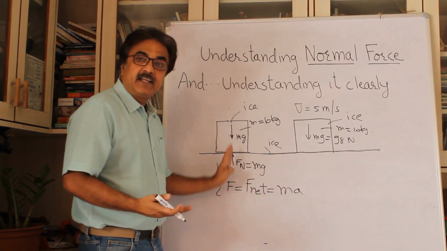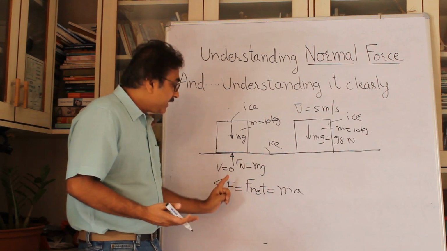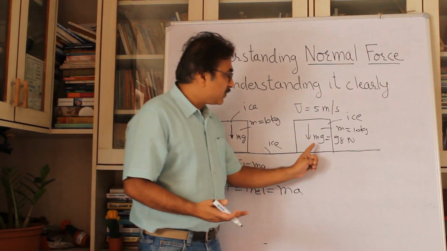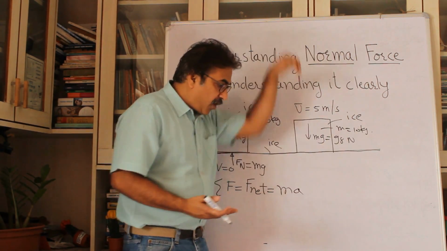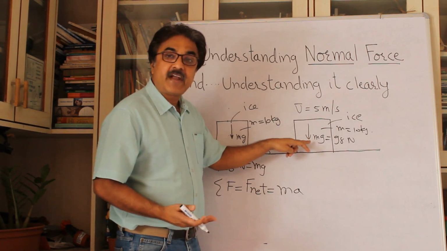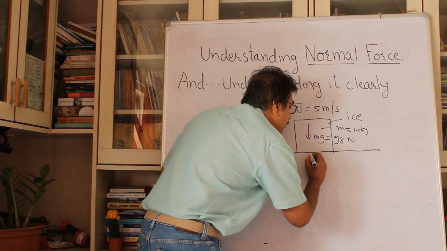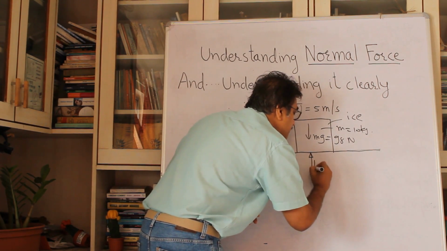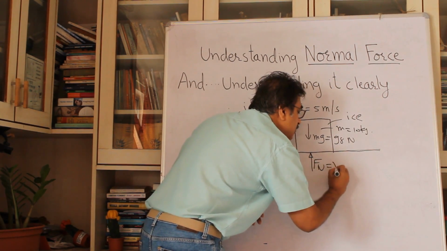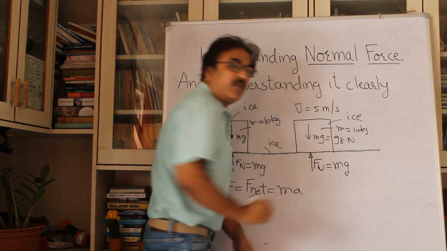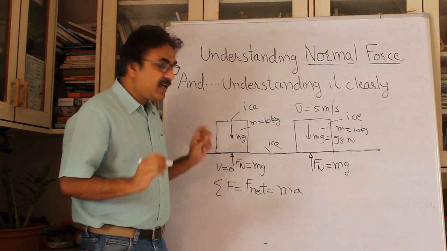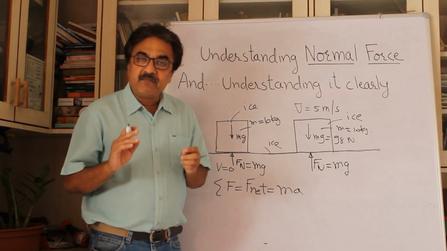That means there is a balancing force, and that is the normal force. So here also, the body is moving, but it is not falling down because of its weight. What is holding it at that position? It is the normal force, F_N, and that also has to be equal to mg.